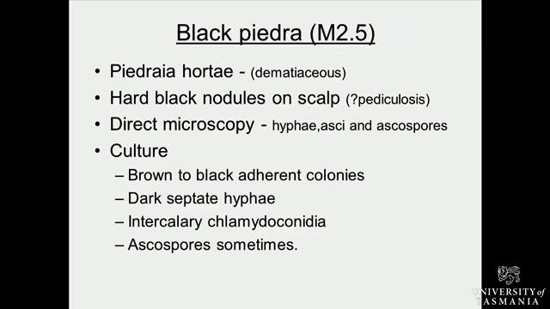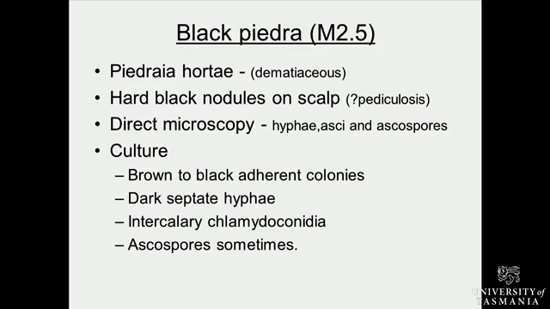Black piedra is caused by a black organism. And this time, the fungus is called Piedraia hortae. It's actually a brown fungus, and this is one of those rare occasions when the fungus is growing in the sexual state.